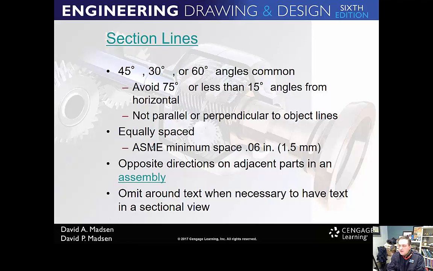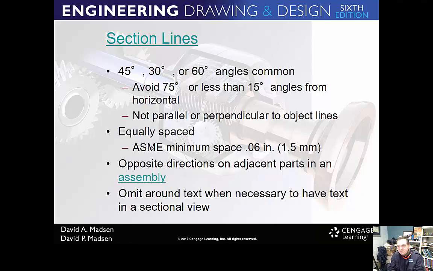All right. On an assembly drawing, which you'll see here in a minute, you want to change directions of your section lines. And you're going to omit around text when necessary to have readable text. In other words, the text is going to wash out where the section lines are, or you'll put a little blackout there, what we call a wipeout in AutoCAD.